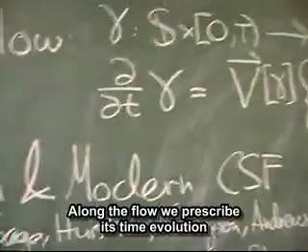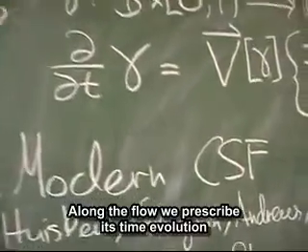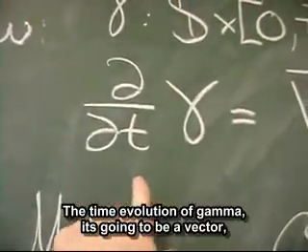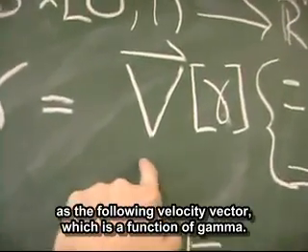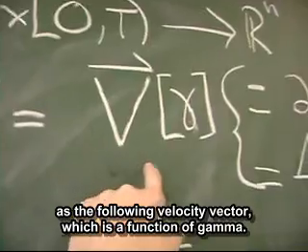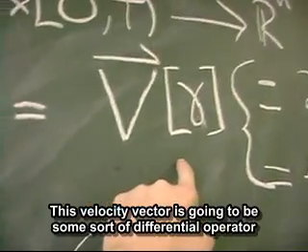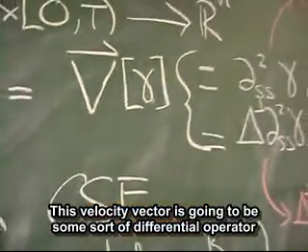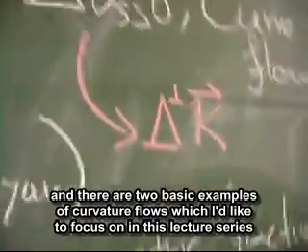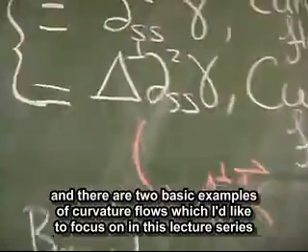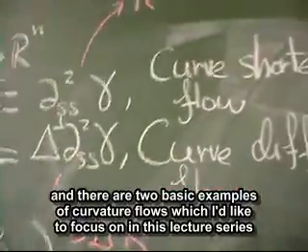Along the flow we prescribe its time evolution, so this is the time evolution of gamma, which is going to be given by a velocity vector, a function of gamma. This velocity vector is going to be some sort of differential operator, and there are two basic examples of curvature flows which I'd like to focus on in this lecture series.